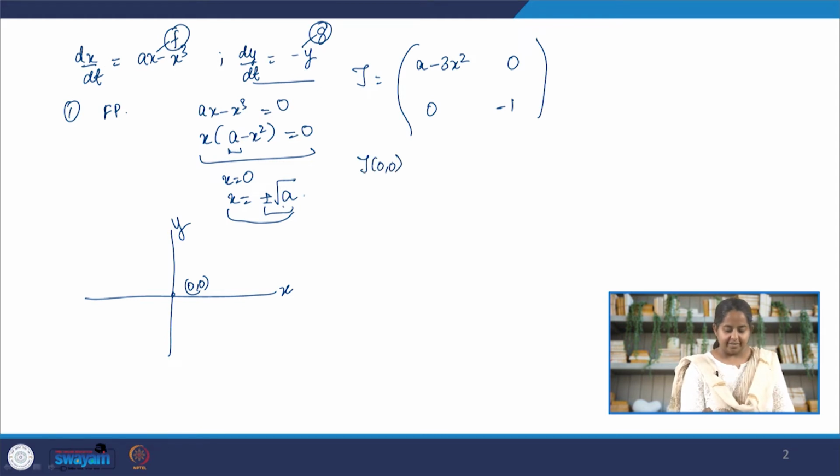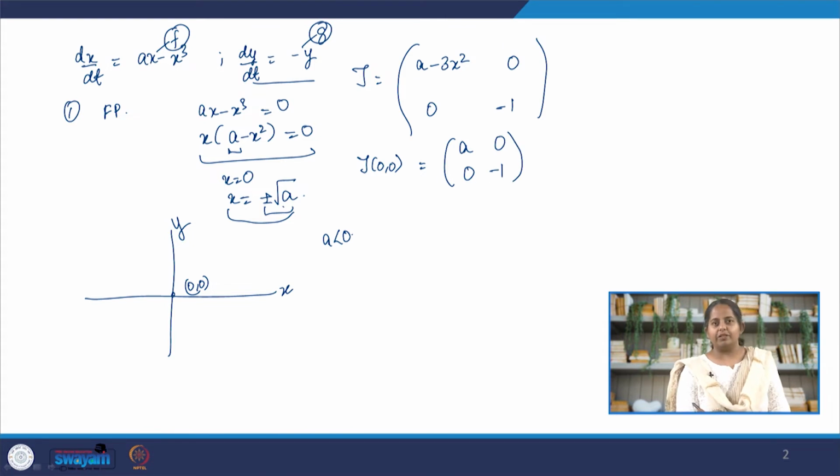When a is less than 0, and there is only one fixed point, (0, 0), the matrix is [a 0; 0 -1]. This is our characteristic equation: tau is equal to a - 1, delta is equal to -a.